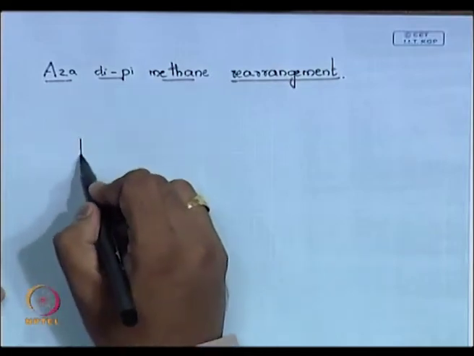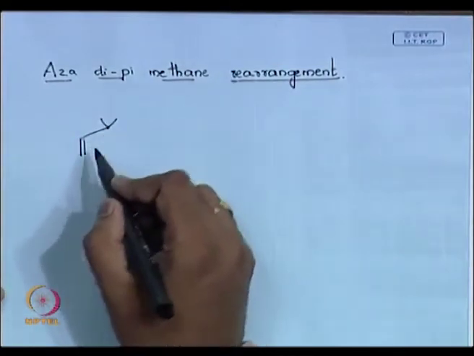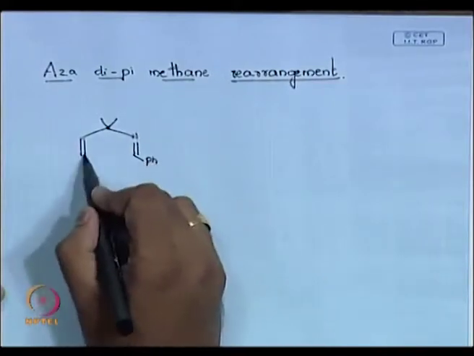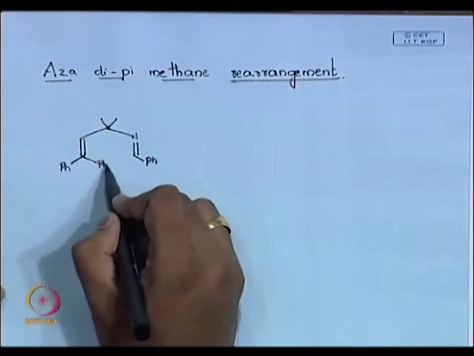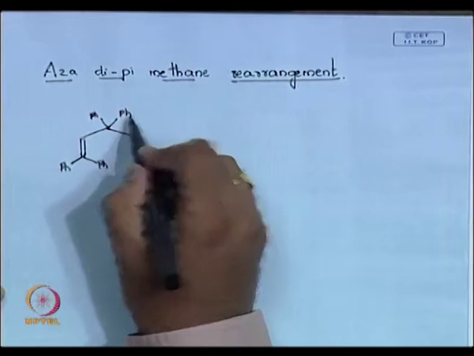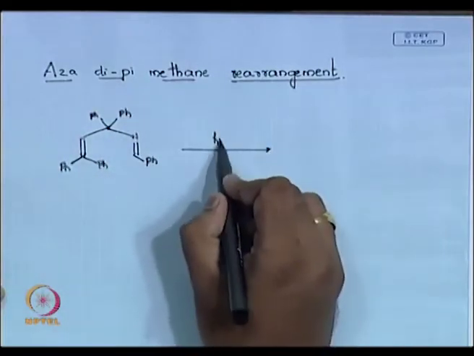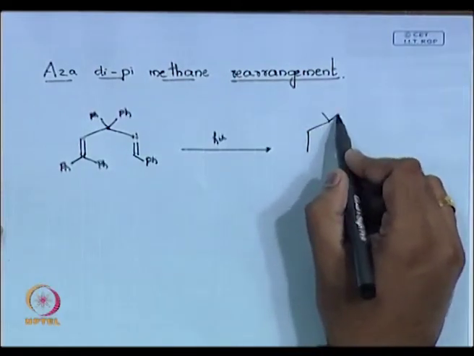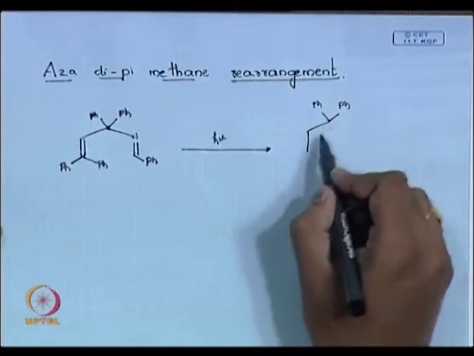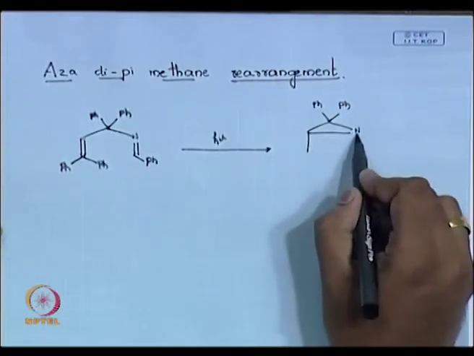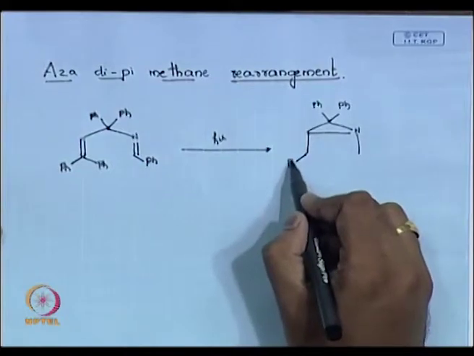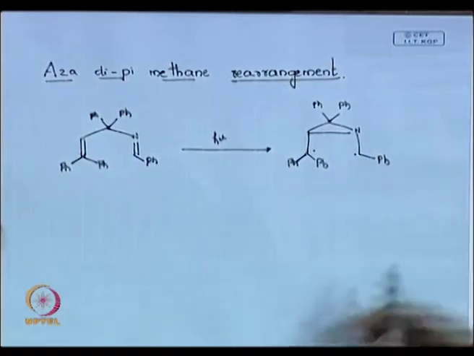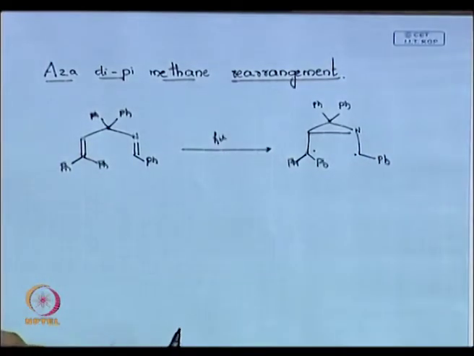So, I have explained to you that if you have a system like this, and if you photolyze, you end up with a type of 1,4 diradical, right.